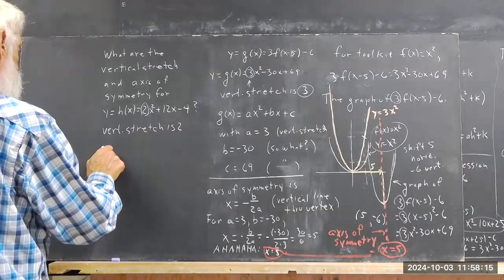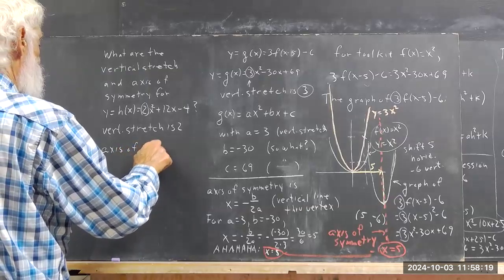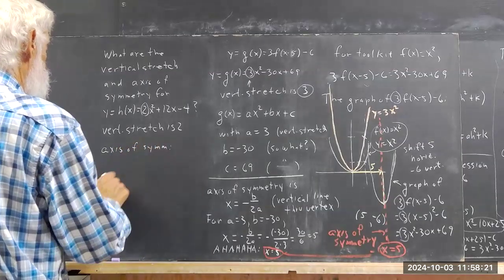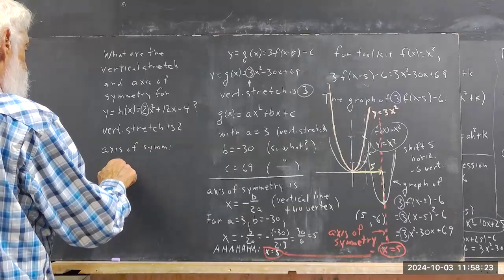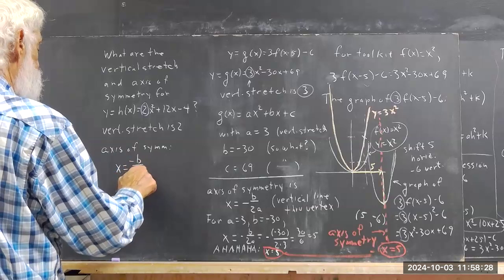The axis of symmetry is the line x equals negative b over 2a.